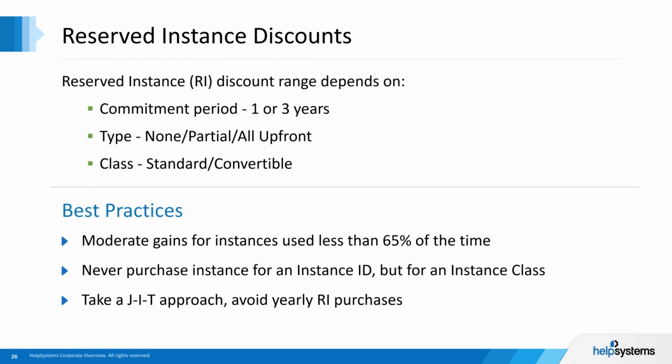The first one is, moderate gains: if you're using an instance less than 65% of the time, there's probably no reason to go for a reserved instance, because the discount that you get is not going to make up for the amount of resources that you're wasting by not using it all the time.